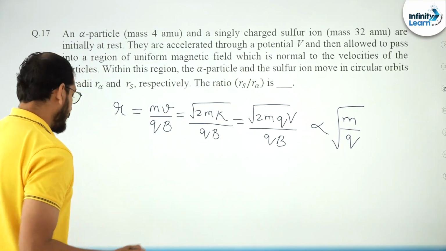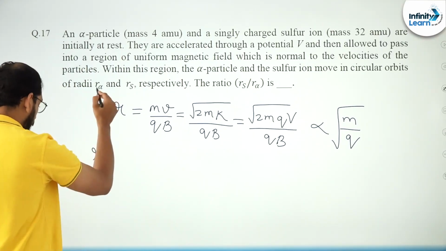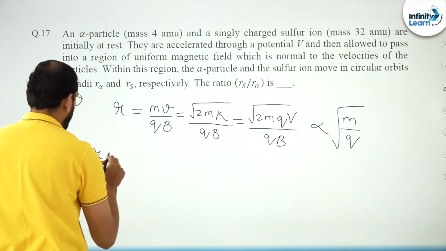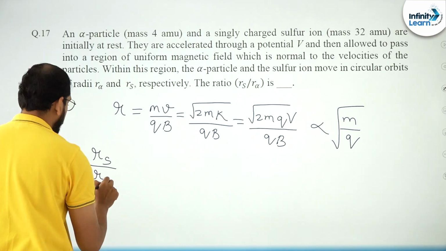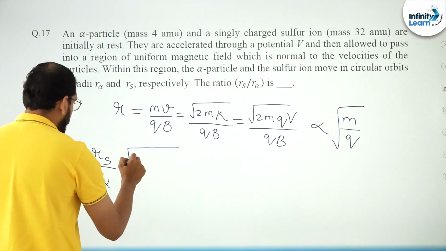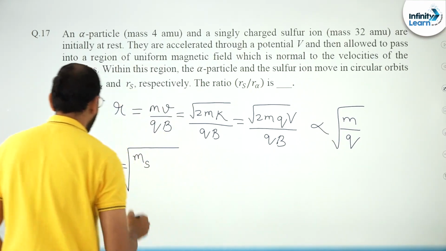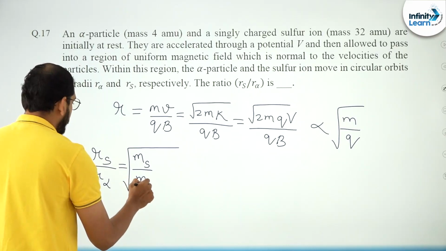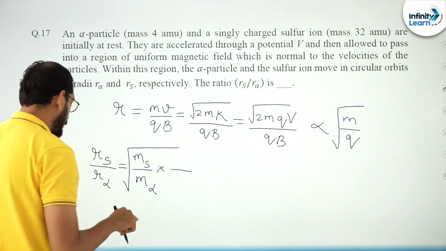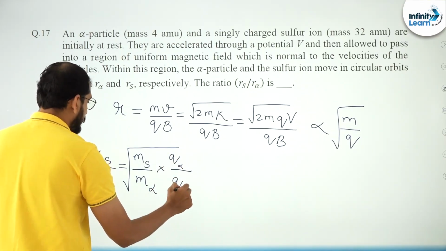Now my life becomes very simple, because I just need to find the ratio of the radius of the sulfur ion and the alpha particle. So I will put all the expressions here. Since R and m are directly proportional, I will write down here m_s by m_alpha, and charge is inversely proportional under the square root sign, so here I will get q_alpha and here q_s.